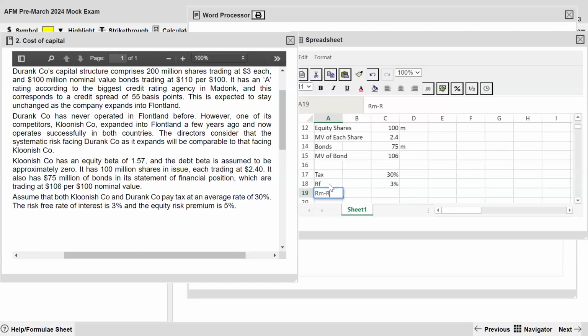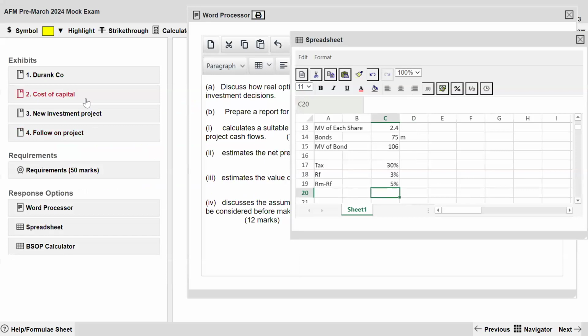The market risk premium, RM minus RF, is equivalent to 5%. So this is what we have with respect to the cost of capital.